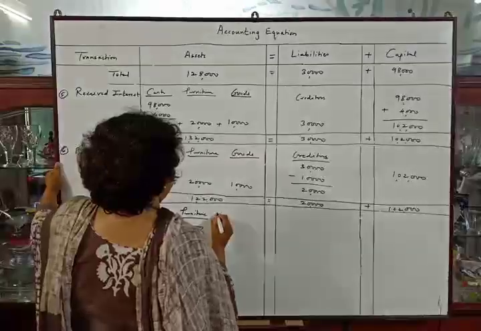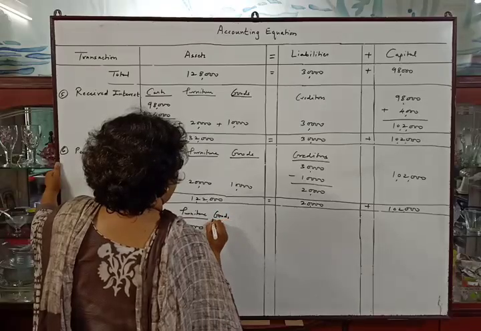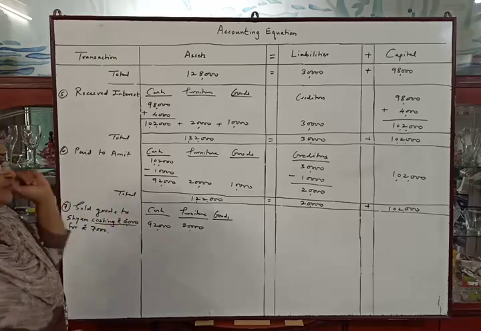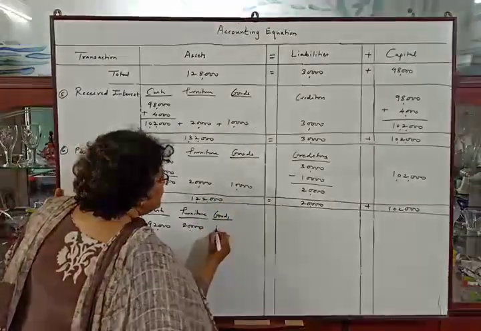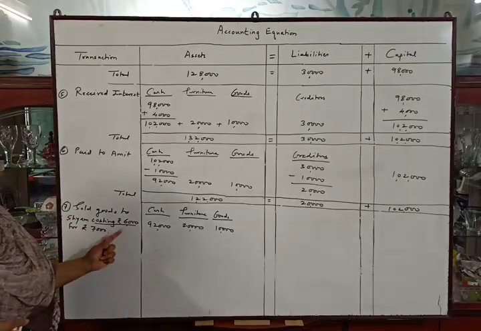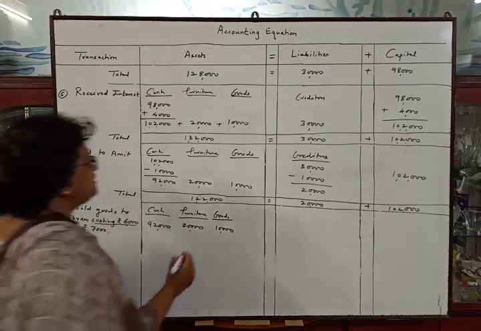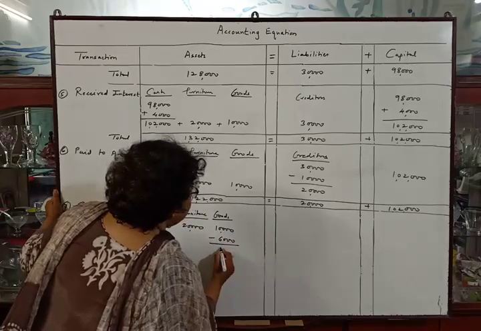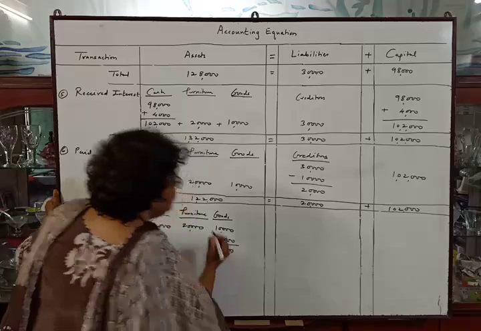Now goods, as we are selling goods, our goods will reduce. Our goods were rupees 10,000 before, and now we are selling goods costing rupees 6,000. So we will deduct rupees 6,000 from this amount. Goods will remain for rupees 4,000 only.